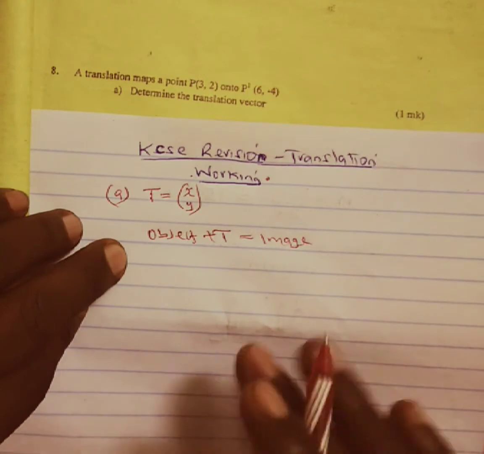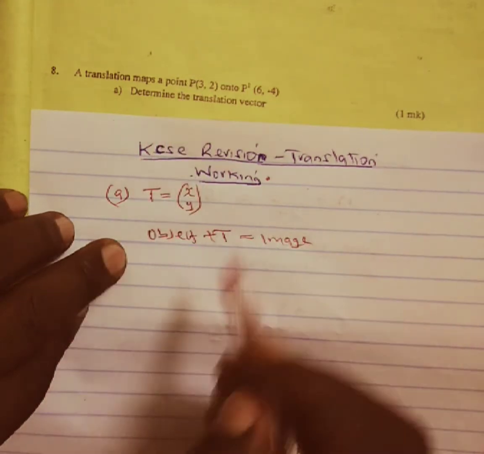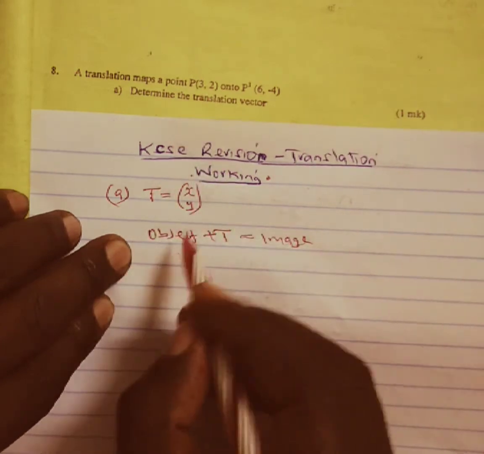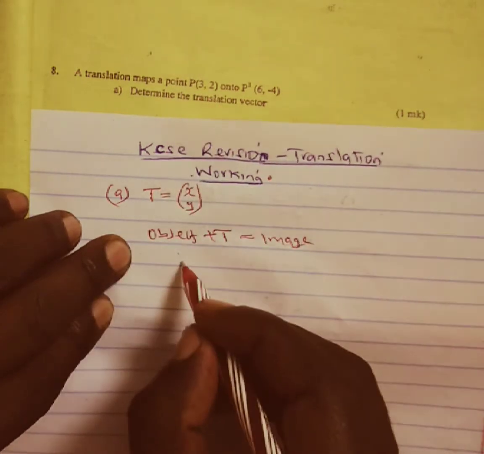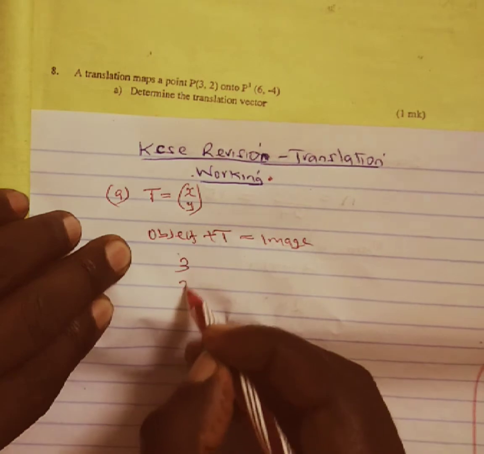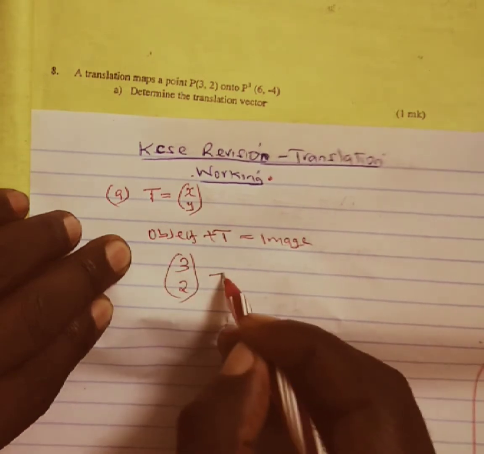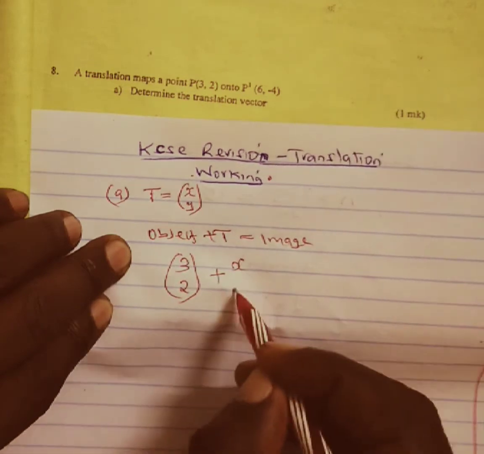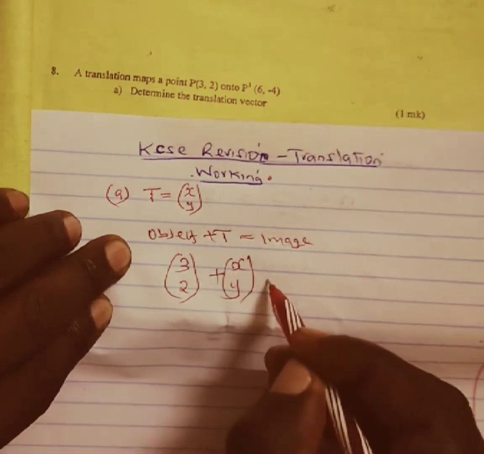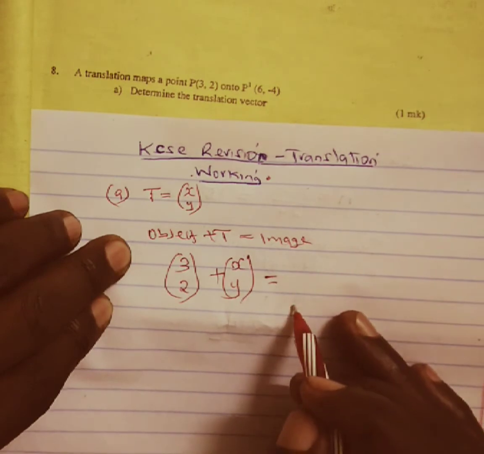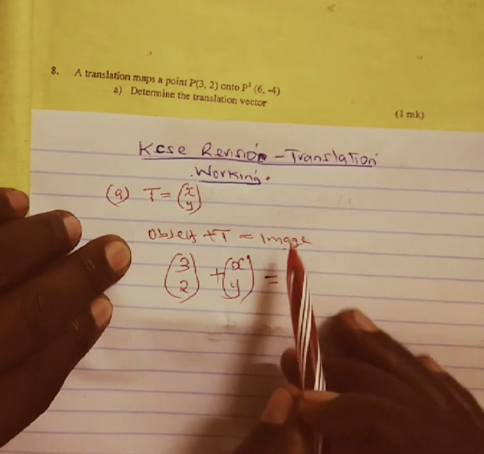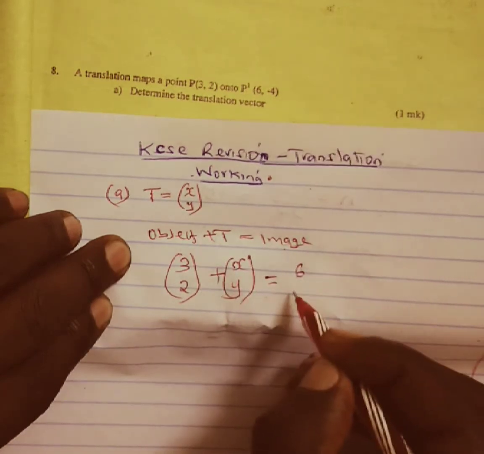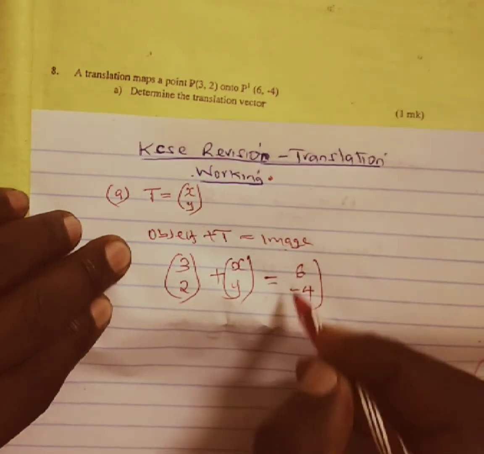In this case, the object P has coordinates 3, 2. We add the translation vector T with coordinates x, y, and this is going to give us the image, and the image of P, which is P prime, has coordinates 6, negative 4.